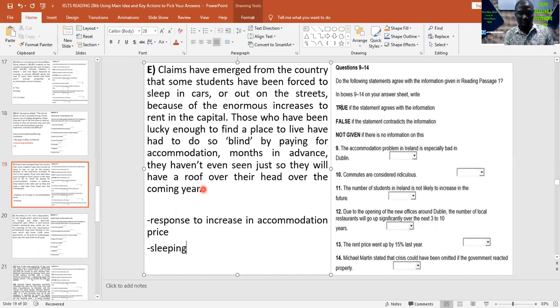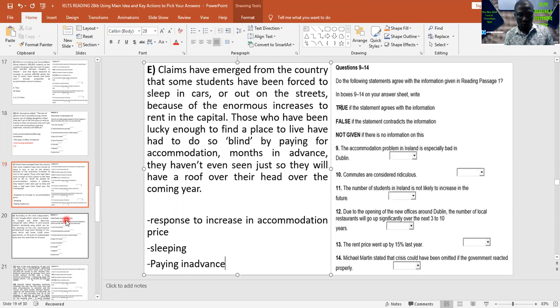Those who have been able to find enough space to live have to do so blind by paying for accommodation months in advance. They haven't even seen it, just so that they will have it in advance.